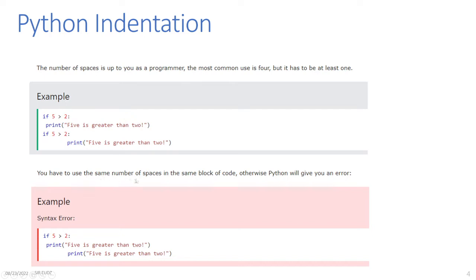Otherwise, Python will give you an error. Just like in this case, if 5 is greater than 2 and then print, and then we again indented, but this is not a new block. So this will cause an error. The print should be placed here in line with the first print statement.